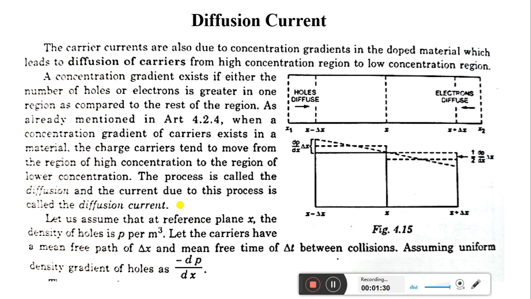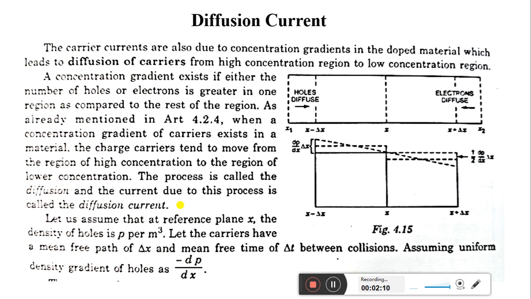Now if we take a space of different concentration gradient, whether of holes or electrons or a combination of both, with high and low concentration within a surface, electrons or holes will try to diffuse from higher concentration to lower concentration.